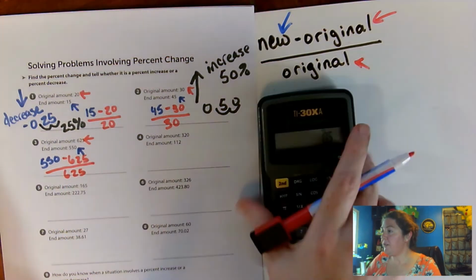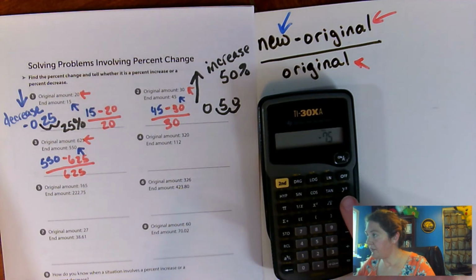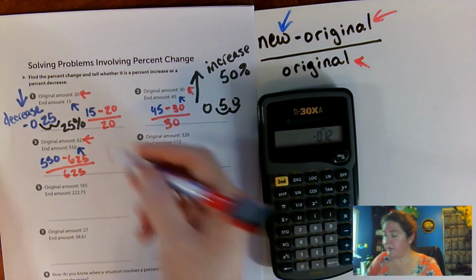So in my calculator, 550 minus 625 divided by 625.